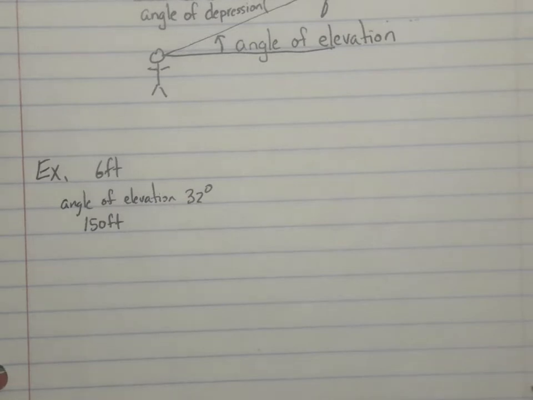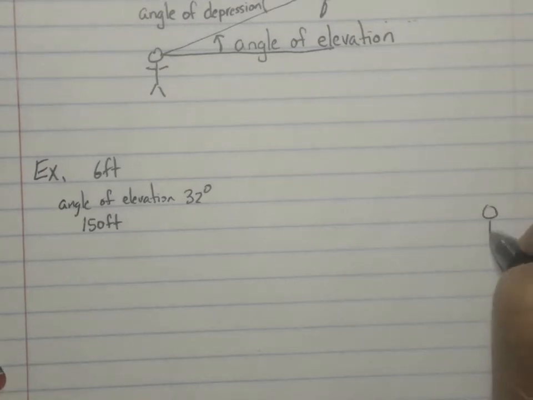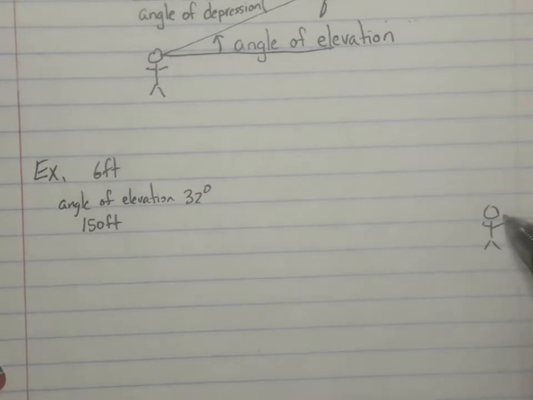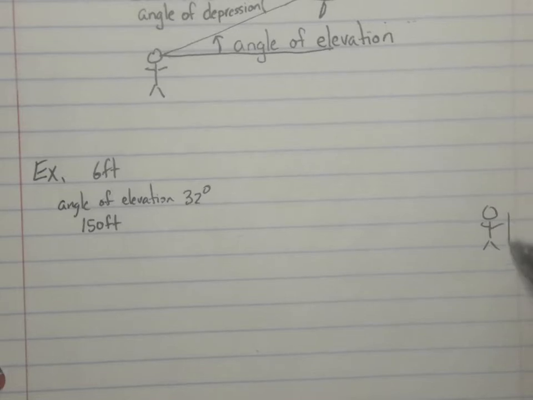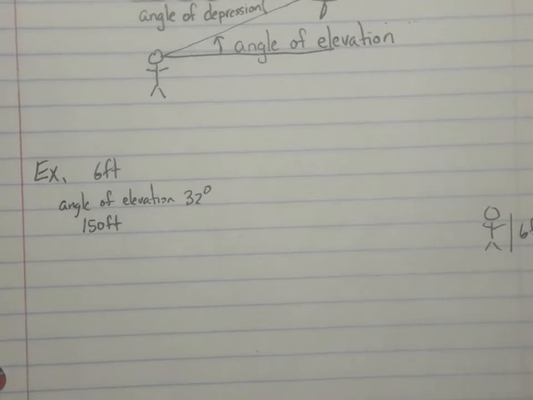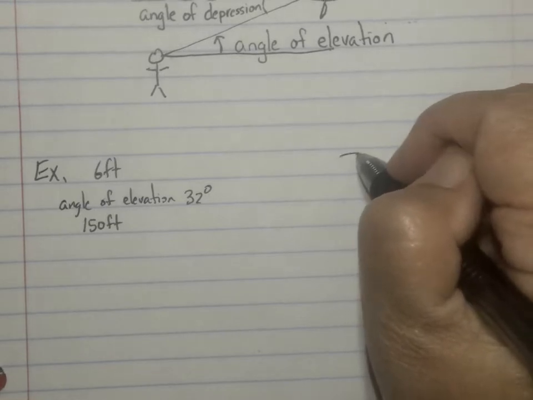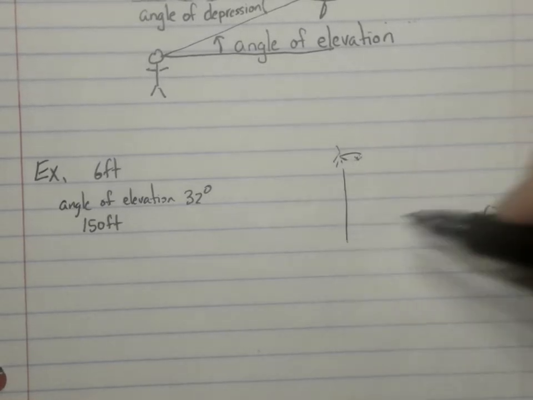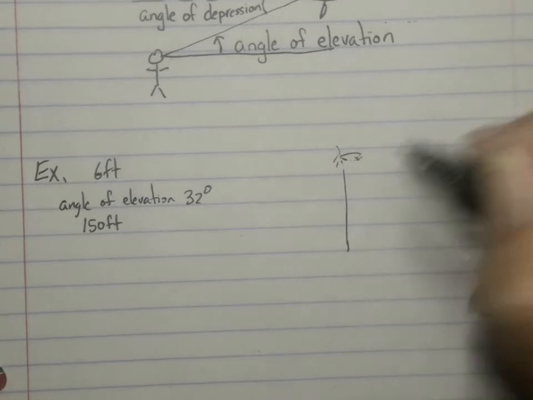Alright, so we're going to sketch what this is saying. So I'm going to put my worker right here. Worker person, male, female, crew worker. And this person is 6 feet tall. And then there's a plane up here. The plane is 150 feet to the ground.